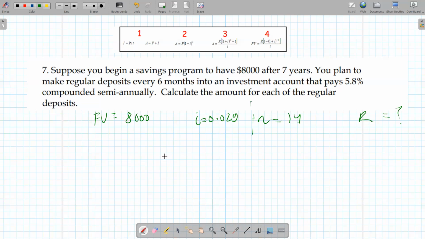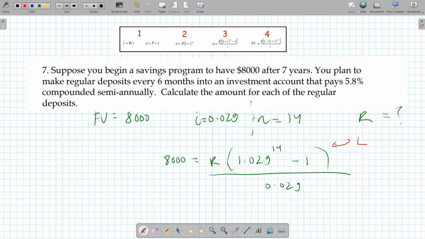So let's plug in the formula. 8,000 equals R missing, 1.029 to the power of 14 minus 1 all over 0.029. All right. Again, we've done this many times now. First, do this bracket bit. You're going to get something. Whatever you get, you're going to divide it by the denominator. And then you're going to do STO1.